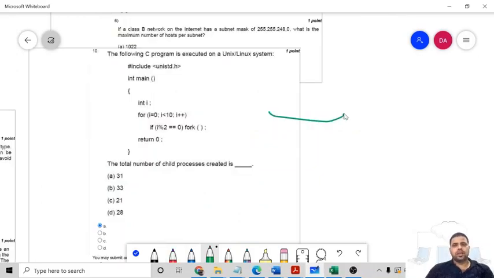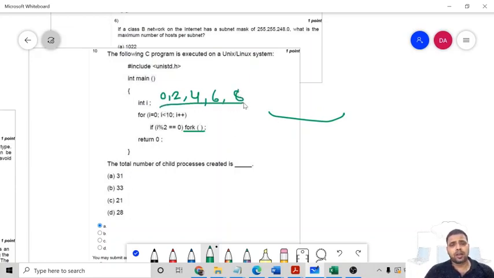Coming to the next question, the following C program is executed on a Linux system. Here we have a program, and we have called the fork function how many times? You can see here it is called at 0, then 2, then 4, then 6, and then 8, because it is less than 10.